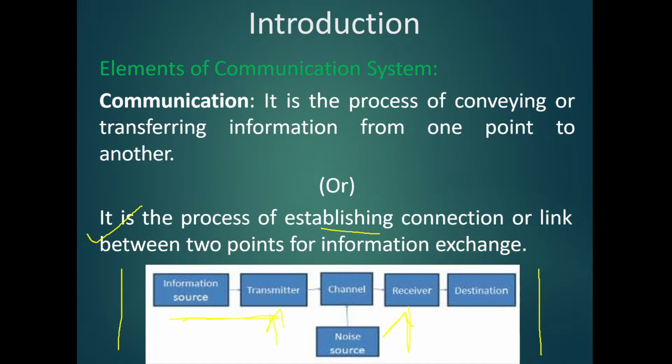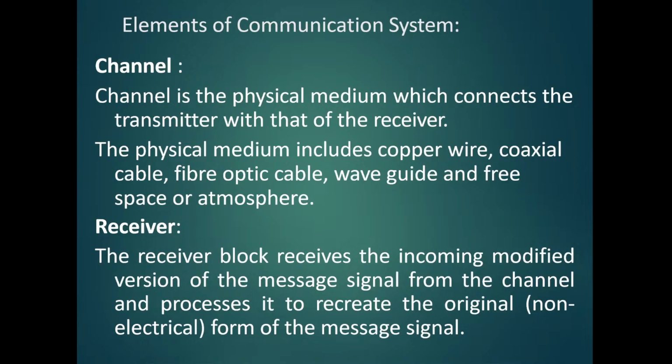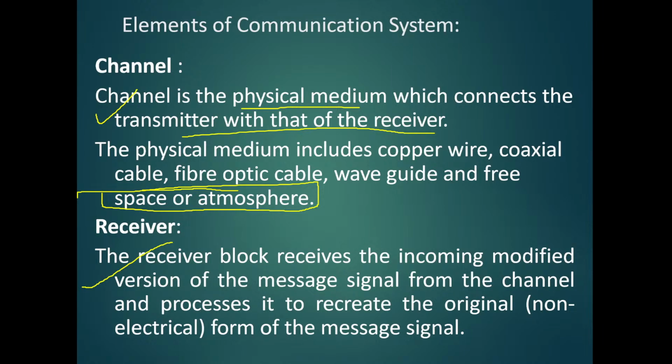This is also known as demodulation or detection, right? You can see these definitions written over here. The channel is nothing but the physical medium which connects the transmitter to the receiver. It can be wired or wireless. If it is a wired channel, then we can see cable, fiber optic, etc. And if it is wireless, then space, the atmosphere, is the channel. Then we have the receiver block.